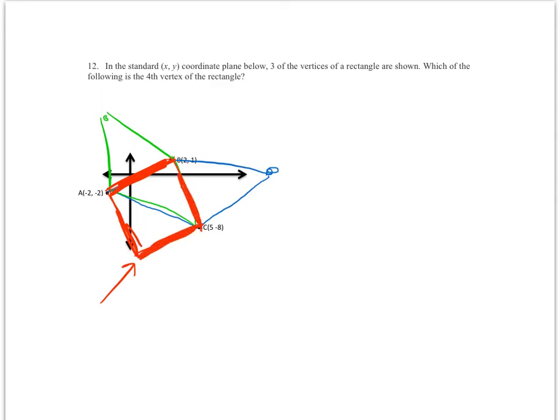To confirm that this is a 90-degree angle here, if you find the slope of segment AB, the difference in y over the difference in x, you have to go up 3 and to the right 4, so that slope is 3/4. The slope of BC has to be perpendicular to that for this to be a 90-degree angle.